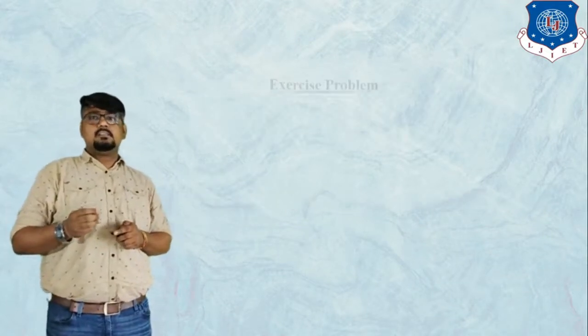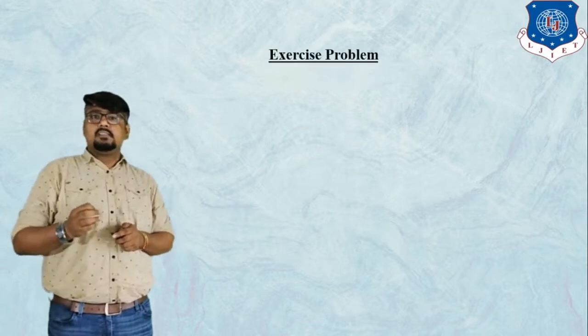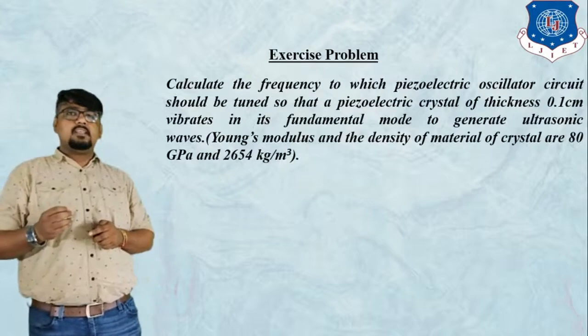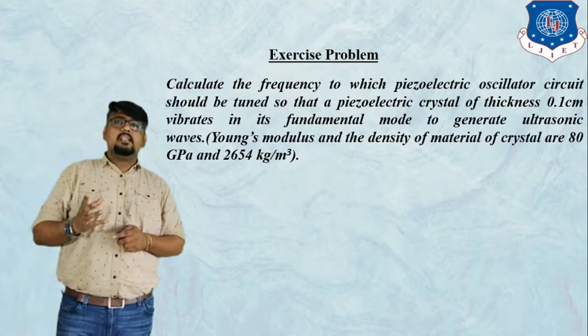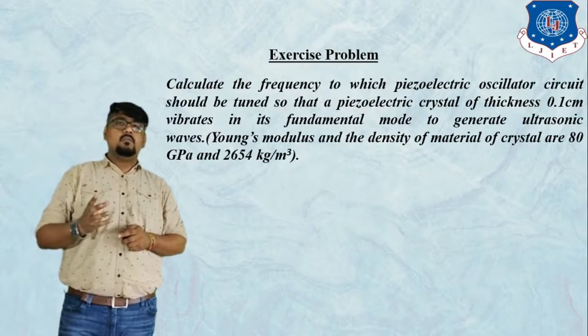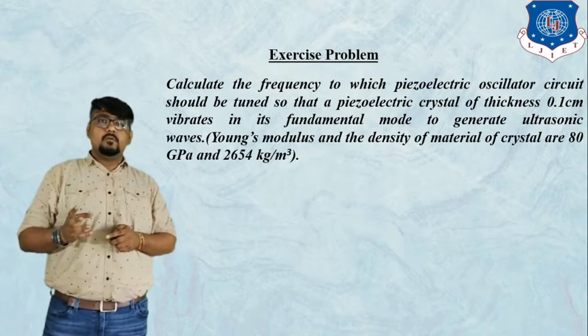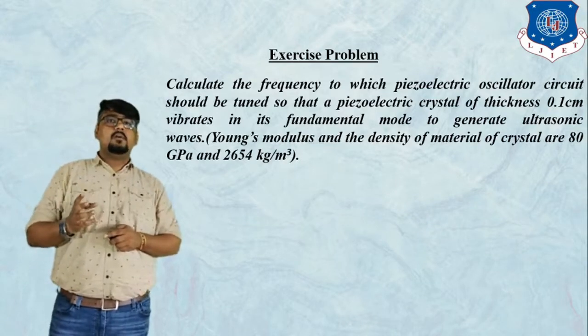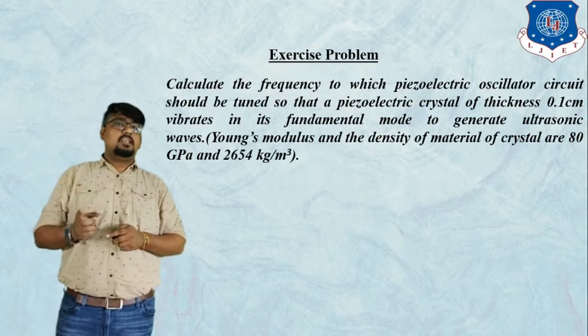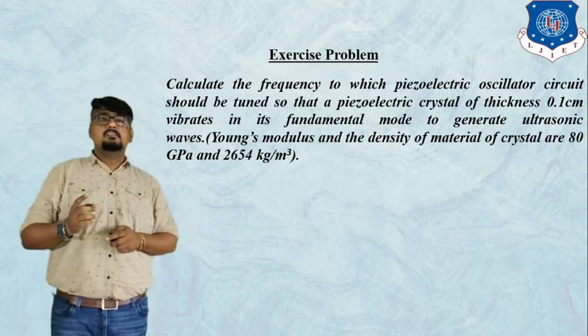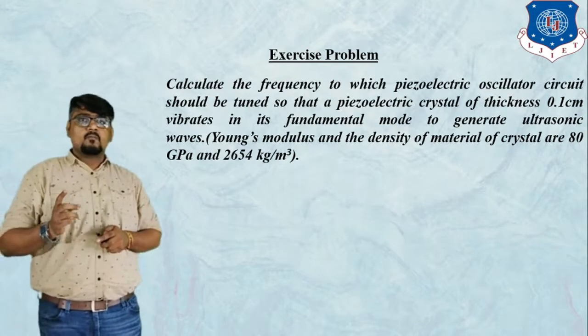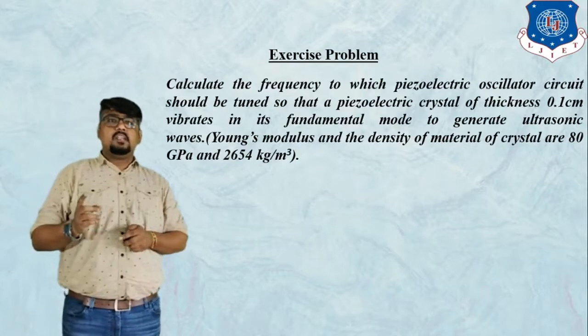Now let us understand one example or exercise problem. Let us take the given data. Calculate the frequency to which the piezoelectric oscillator circuit should be tuned so that the piezoelectric crystal of thickness 0.1 centimeter vibrates in its fundamental mode.